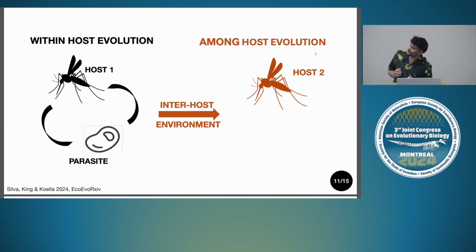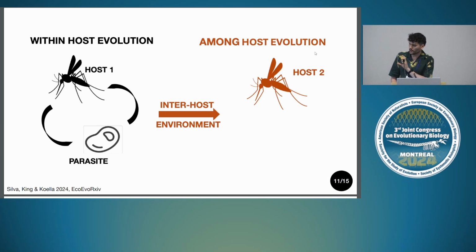And then there's also host 2, of course, that has its own set of different immune responses. It can be tolerant, resistant, susceptible, but I won't delve into that because that's another talk for another day. I will delve a bit more into the interhost environment because I think it's particularly important and heavily neglected, and it got a bit of attention with COVID, with the droplets, etc.